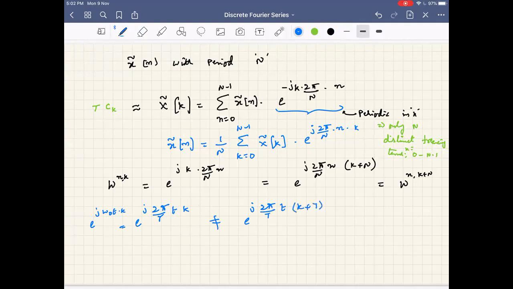In fact, this is ridiculous because capital T need not be an integer, and what we get as the frequency coefficients are all integers.